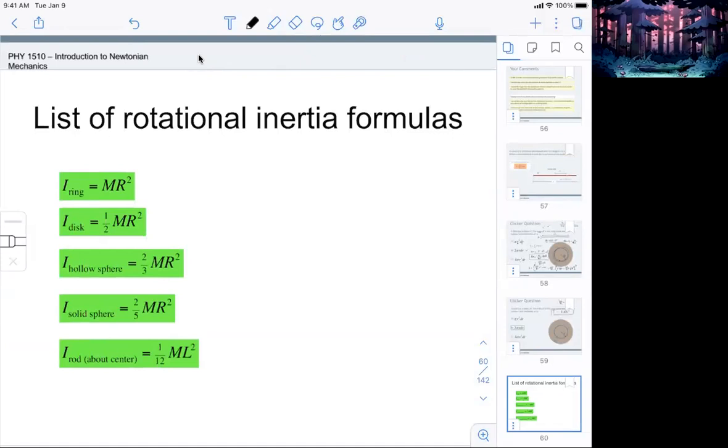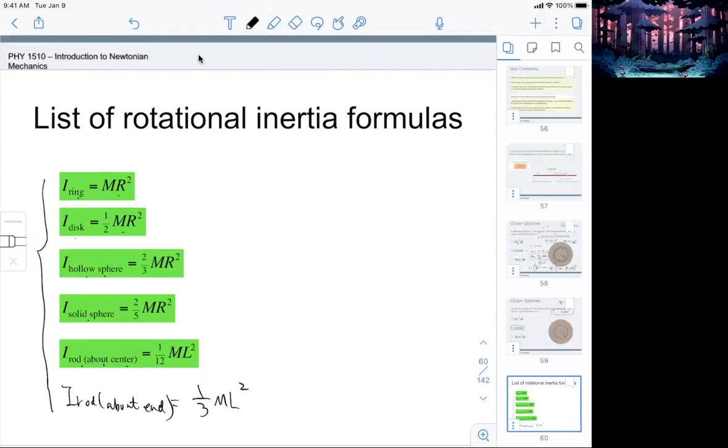So here is a list of all the other formulas: for a ring, m r squared; for a disc, 1/2 m r squared; for a hollow sphere, 2/3; for a solid sphere, 2/5; for a rod about the center, 1/12. Again, today we also did the rod about the end, which is 1/3 m l squared. So that is the list that you may encounter in rotational motion.